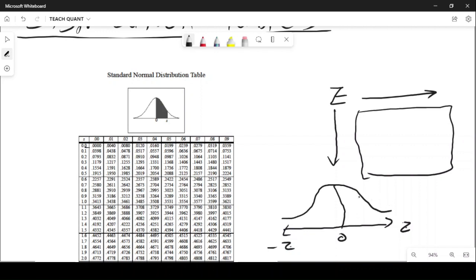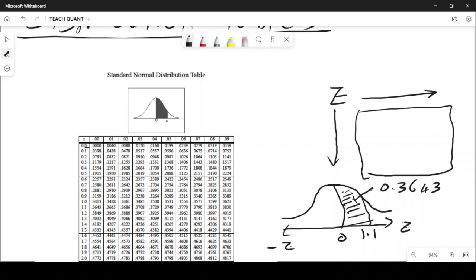So now we are told, for example, to read this area. Maybe I give you a value like 1.1, so somebody tells you to read this for us. How do we go about it? From the positive side, we look for 1.1, and the 1.1 is here. So the area under the curve is 0.3643.